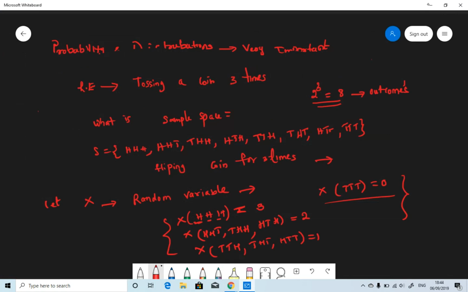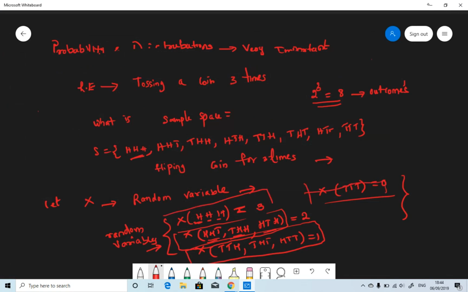These are called random variables. If you understood, type random variable. How many HHH were there here? Three. How many have two heads? These are the two-head possibilities. How many one-head possibilities? This. How many zero-head possibilities?